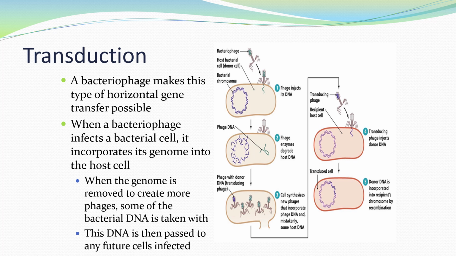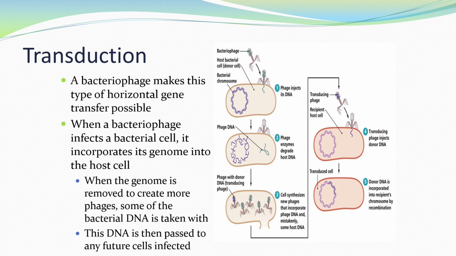So what happens is when one bacteriophage jumps from one host cell to another, it often steals some of the first host genome in order to make copies of the virus itself, which are called phages.